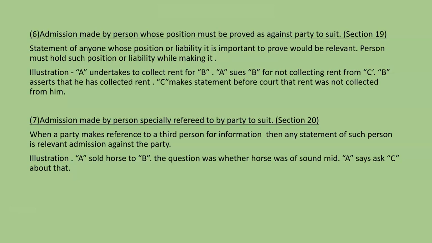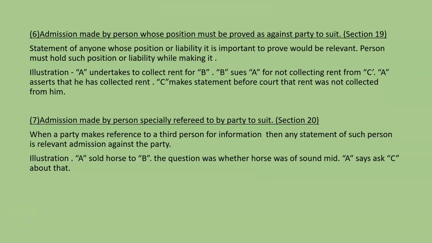So any person whose position must be proved would be relevant. The person must, while making such a statement, hold that liability, and must make a statement regarding that liability only.